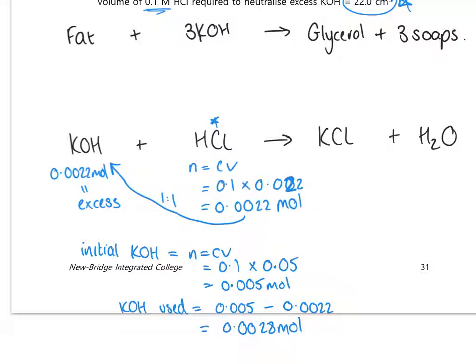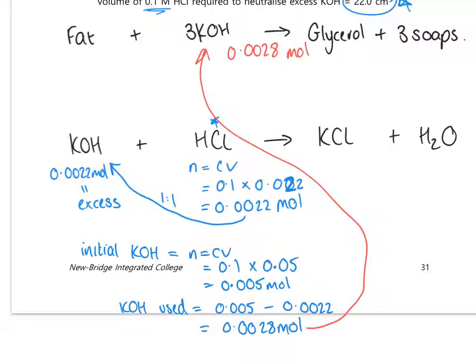Are we okay to this point? This is how many moles of my KOH was used in my top equation to react with the fat. I don't need to bring that across to my fat, because what I'm interested in is the number of moles of potassium hydroxide.